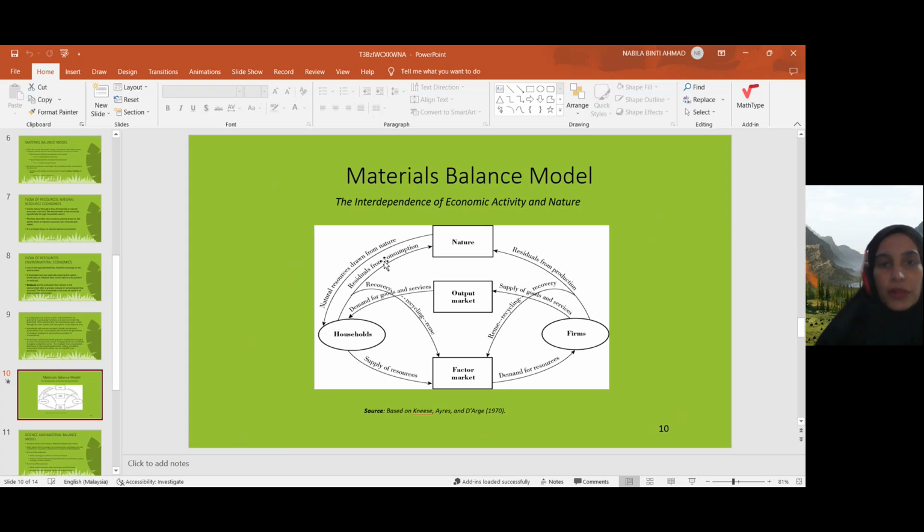The natural resources are drawn from nature. What we can do is recover, recycle, and reuse. Households can be involved in recovery, recycling, and reuse, and the same goes for firms. This means we can reduce pollution through reuse, recycling, and recovery. This is what we mean by the materials balance model.